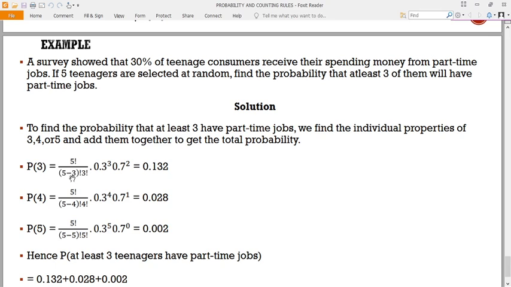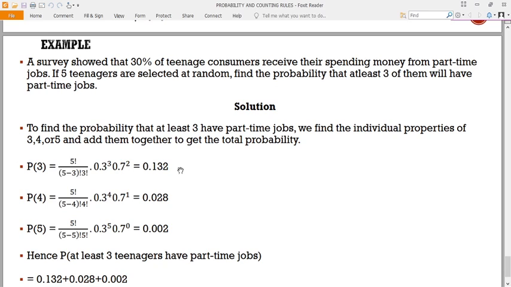And remember our BODMAS, when we have anything in the bracket, we first deal with what is in the bracket. So we're going to first subtract 3 from 5, get a 2, so we get 2 factorial times 3 factorial. So here we shall have 1 factorial times 4 factorial, then 0 factorial times 5 factorial. Then multiply. So this is 0.3 to power 3 and 0.7 to power 2.